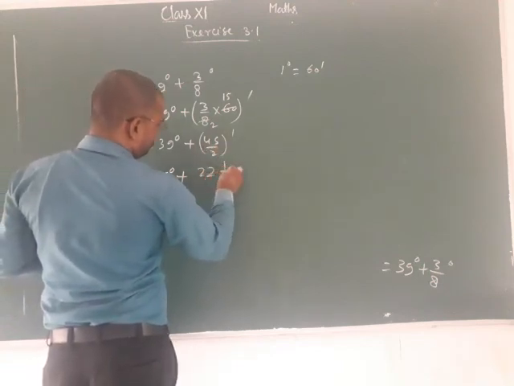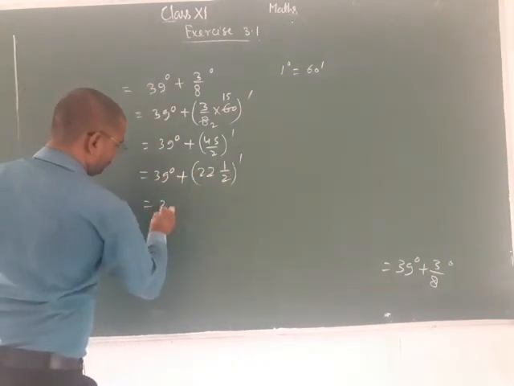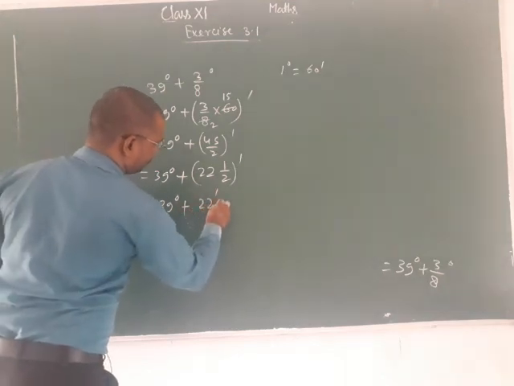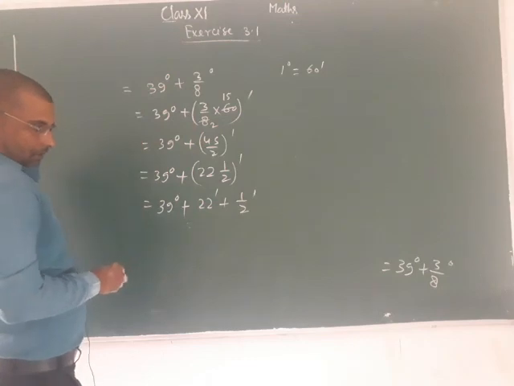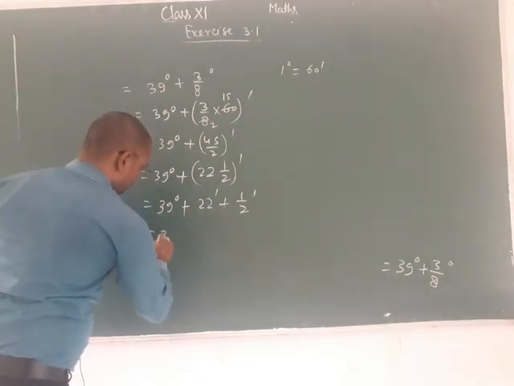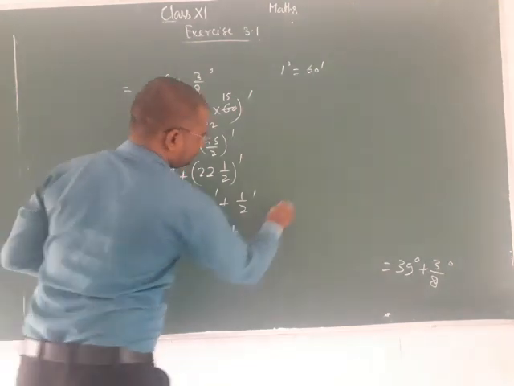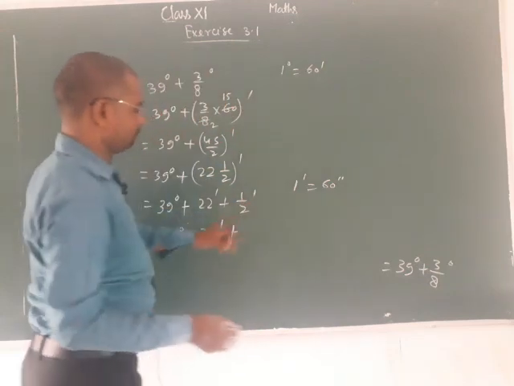Also change 45 upon 2 into 22 whole 1 upon 2 minute, so 39 degree plus 22 minute plus 1 upon 2 minute. Since 1 minute is equal to 60 second, change into second.